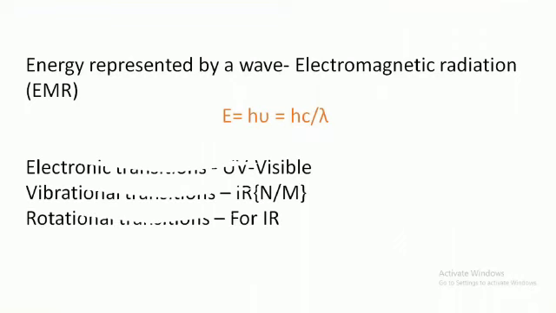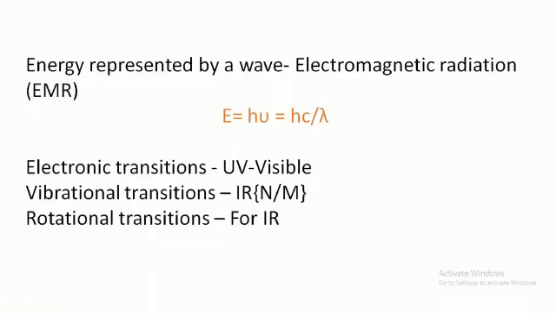This might be a little bit of revision of what we discussed in the last class. We all know that electromagnetic radiations, particularly the UV, visible and IR regions, are majorly responsible for outer electronic transitions and vibrational or rotational transitions.